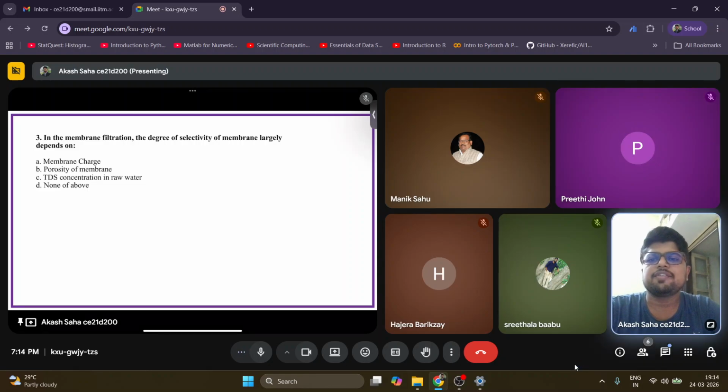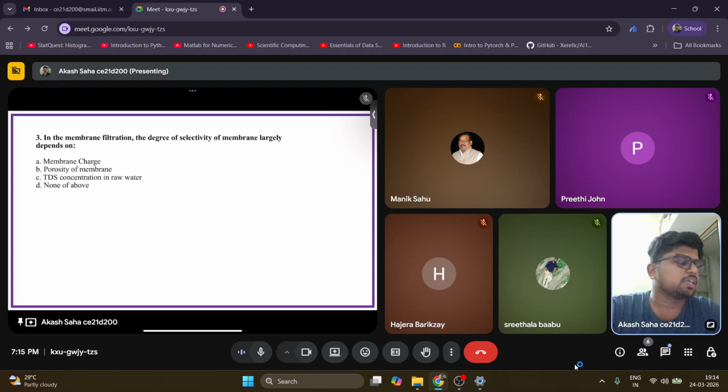So see, by selectivity, it can also mean this. Suppose we have made a membrane. Now divalent, monovalent, trivalent, all kinds of ions are present. Like sulfate is divalent, chloride is monovalent.